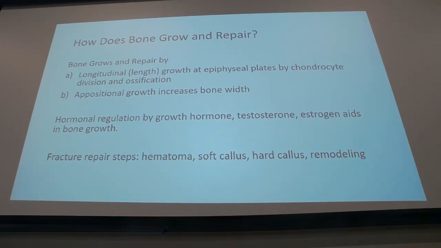Typically, when we are young, of course, we increase the bone in length according to many factors, including genetics. But then when you stop growing, your bones can increase in width.